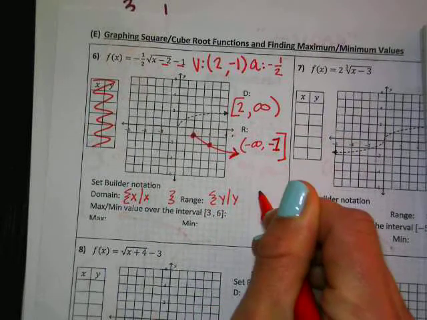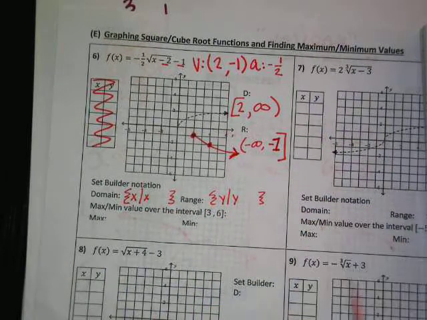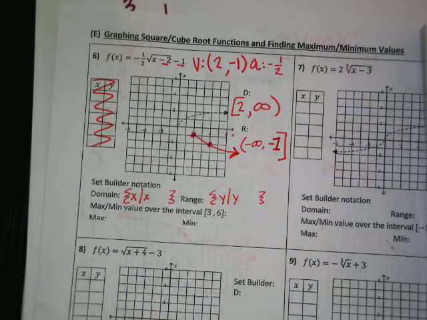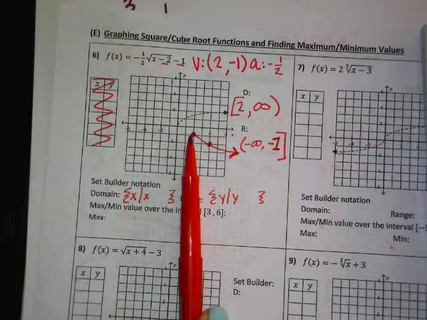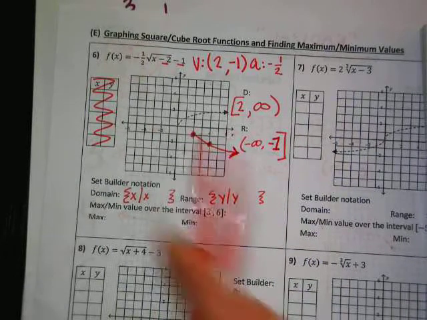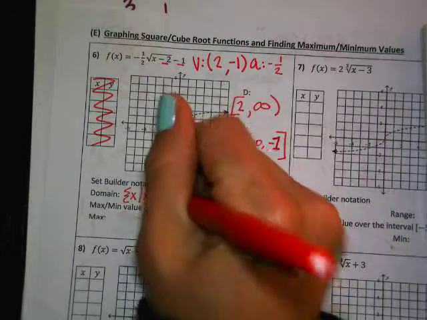y bar y. All right, now looking at the x-axis, the left and right, where does your graph stop? And what number? It goes left all the way to what number? 2.